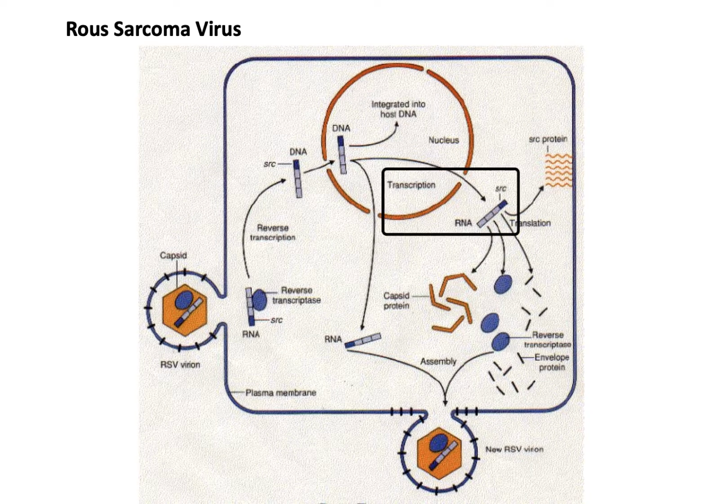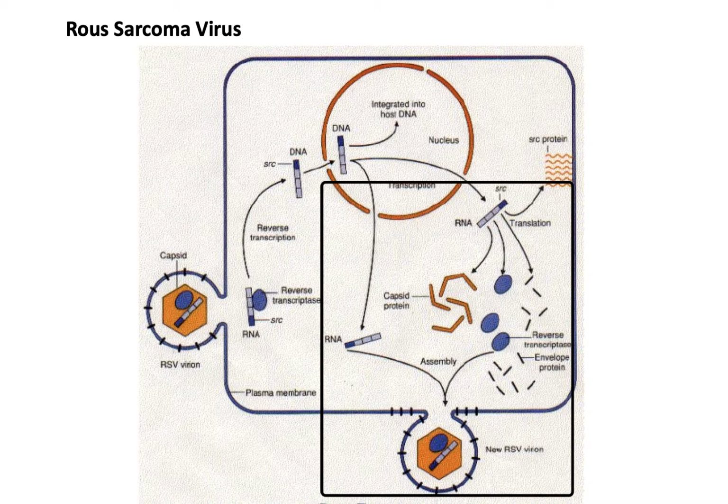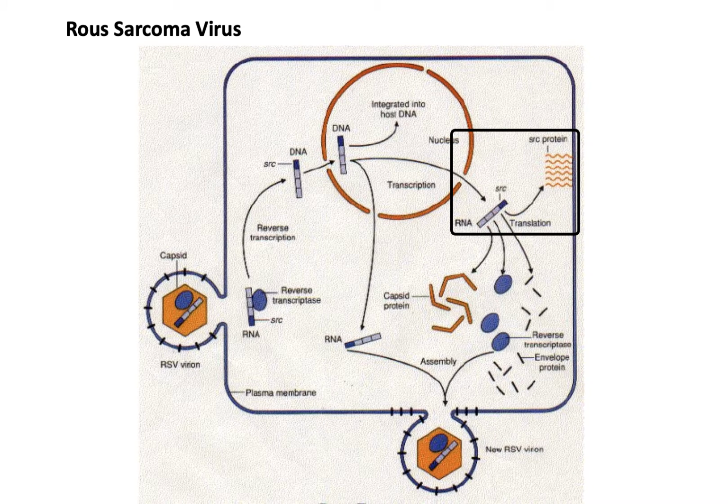When it is transcribed by the host and then makes additional infectious particles, often it will carry along with it an altered host protein or host gene that makes an altered host protein. And those can often cause tumorigenesis and cancer.